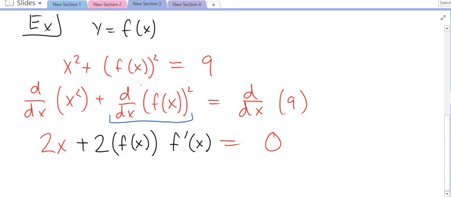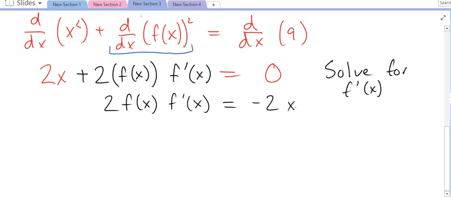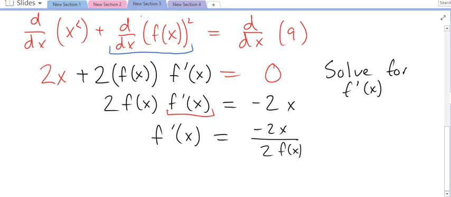Now, once I've taken this derivative, I want to solve for f prime of x. So I want to get everything else over on the other side of the equation. First thing I would do is subtract this 2x over to the other side, so I get negative 2x. And now I've got 2 times f of x times f prime of x, which is the thing I care about, times something. So I can divide by the 2 f of x here, and I get f prime of x equals negative 2x over 2 f of x.